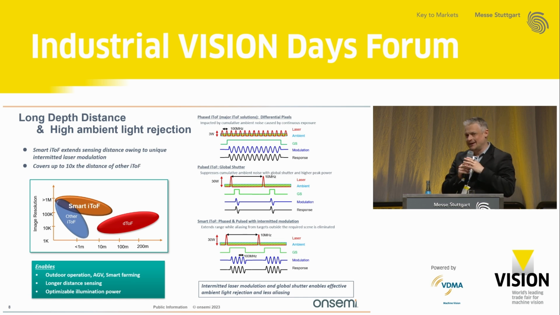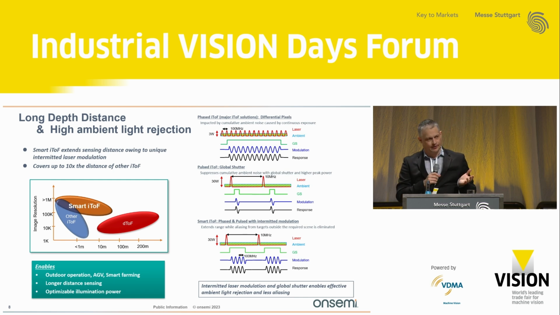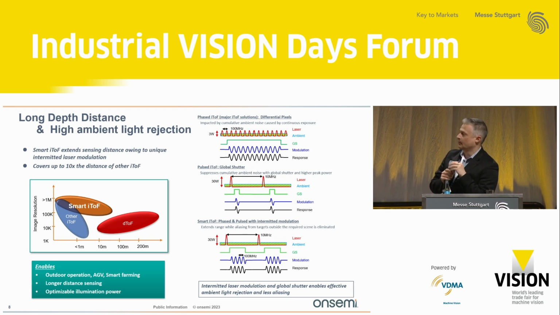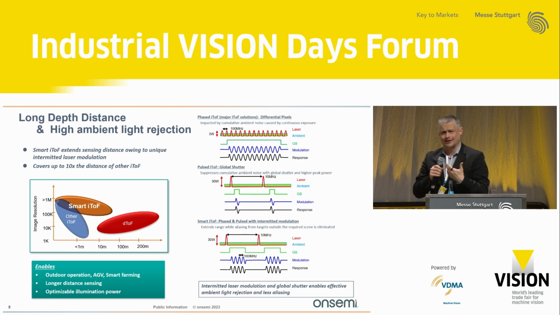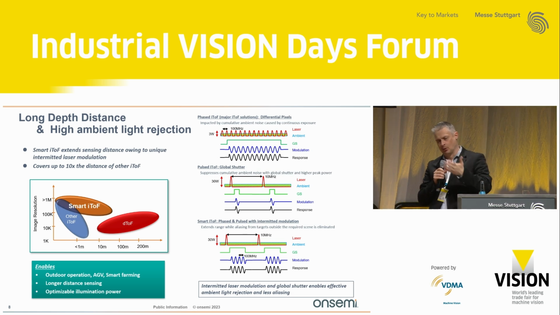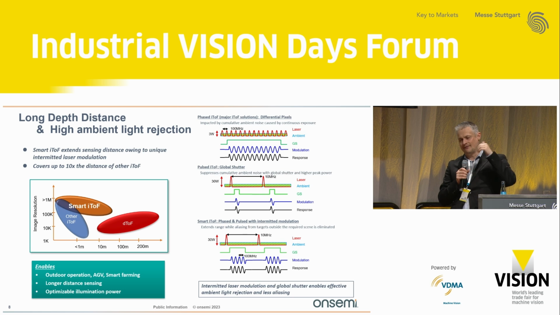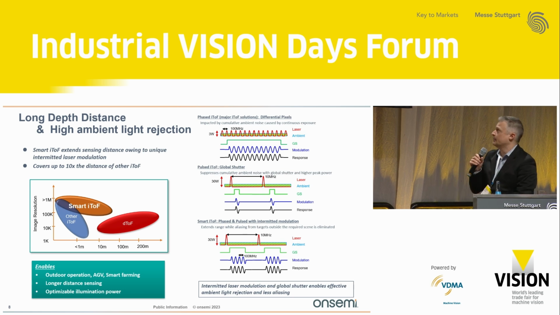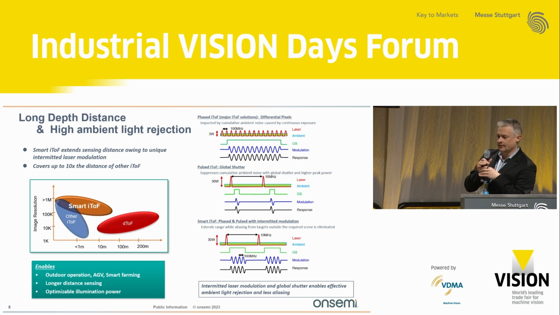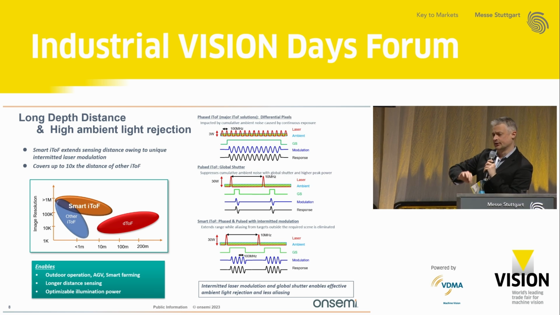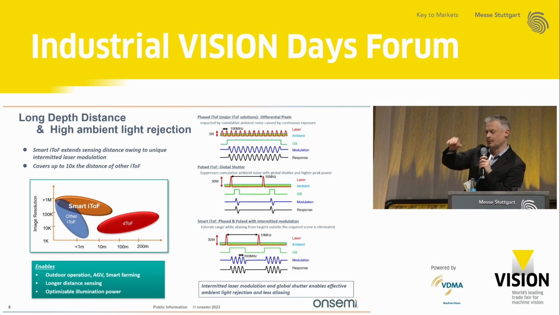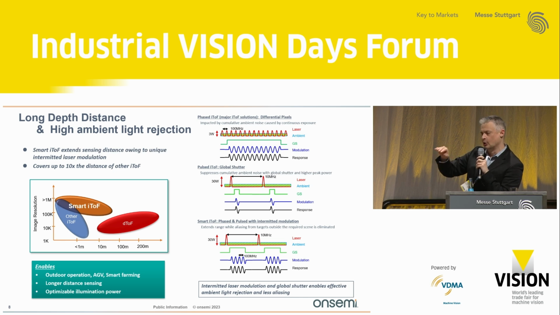Now, what's making the magic behind the distance detection and some of the things I've mentioned here? Your traditional iToF has one of two types of operation. You have what we could call continuous wave operation, or phased iToF, where you have a continuous signal coming out of the VCSEL, and the sensor, in a rolling shutter sensor, is exposing one row at a time, then doing row readout all the way through the sensor.